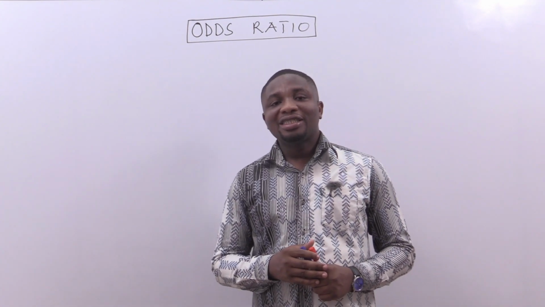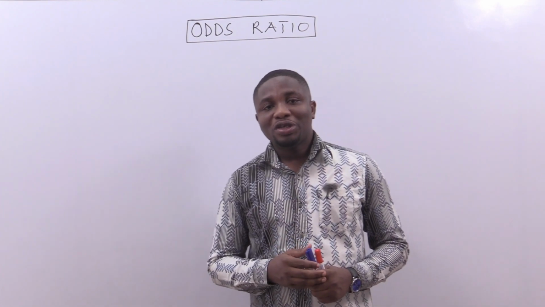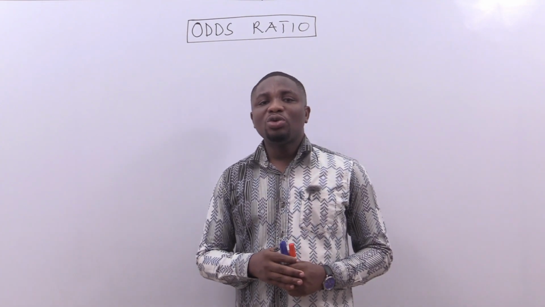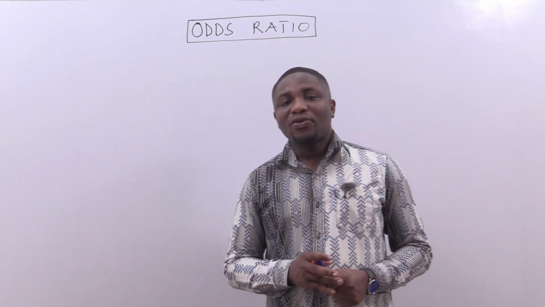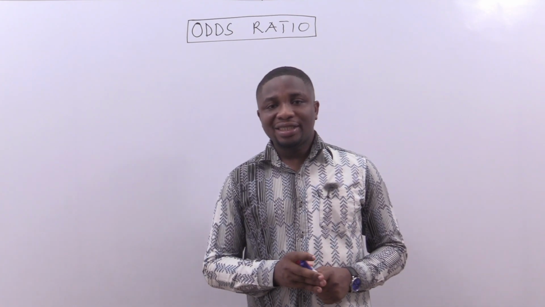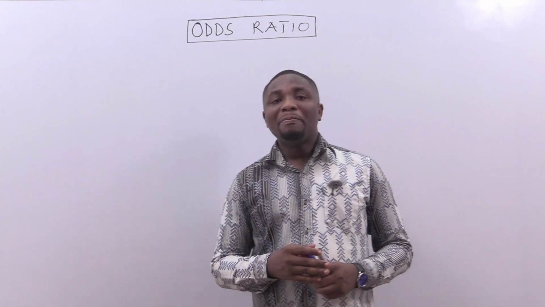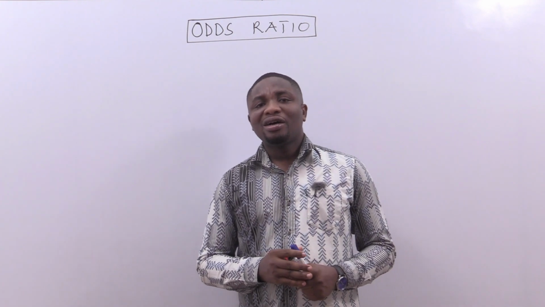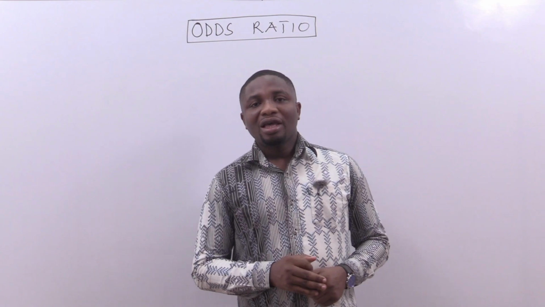Take note that the odds ratio can also be used to determine whether a particular exposure is a risk factor for a particular disease or outcome. It can also be used to measure the magnitude of the risk factor for this particular disease.